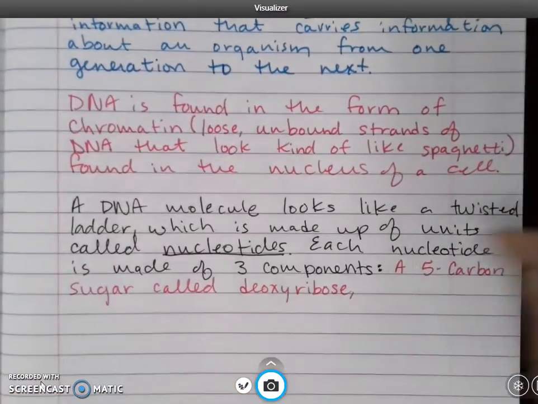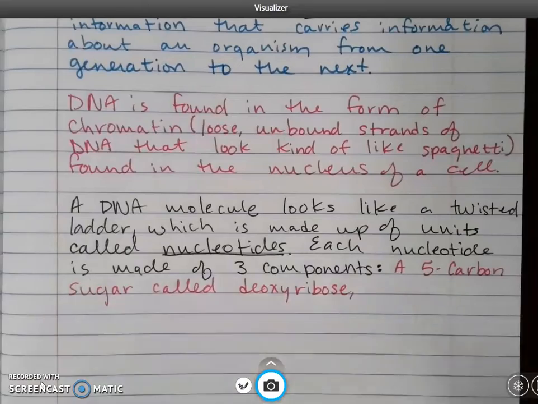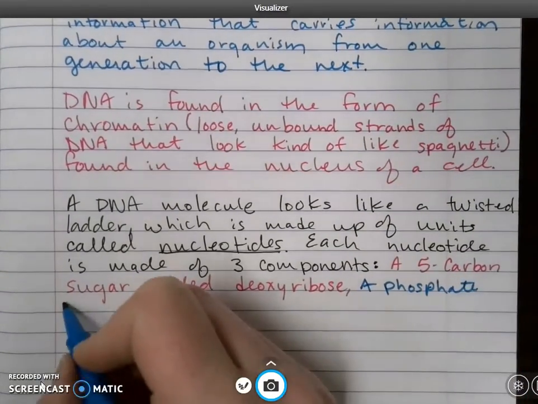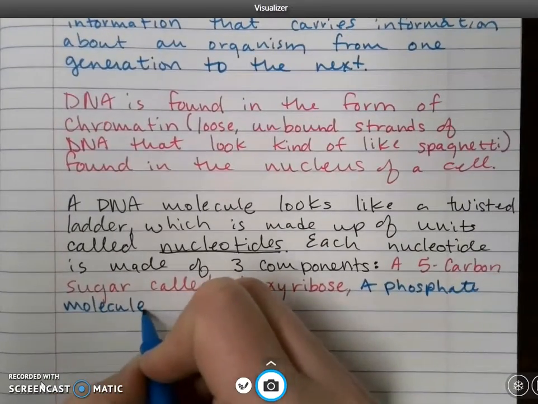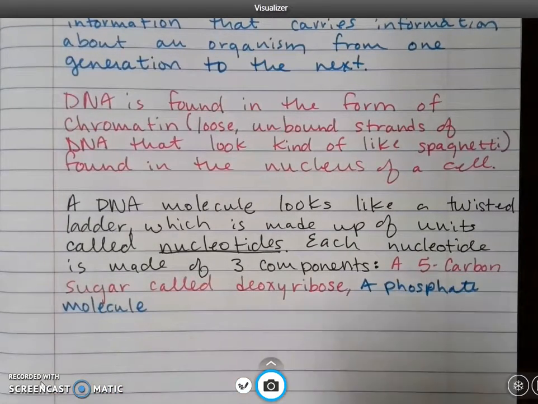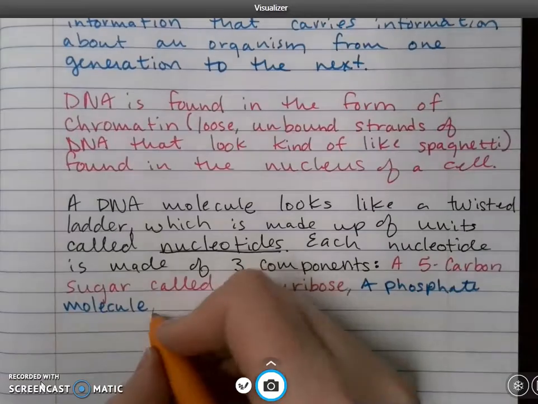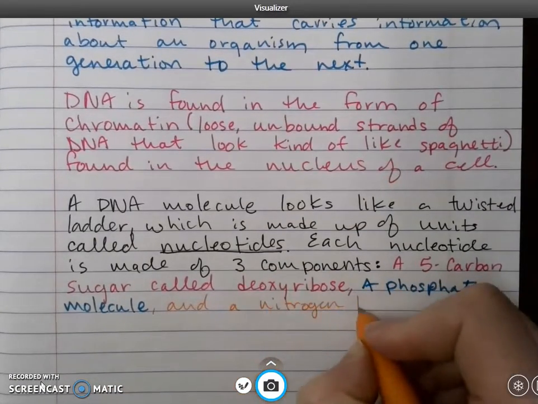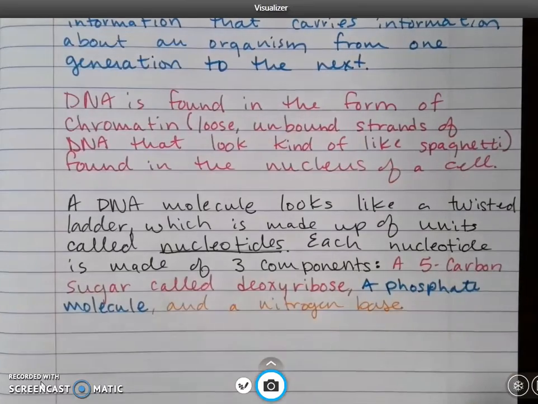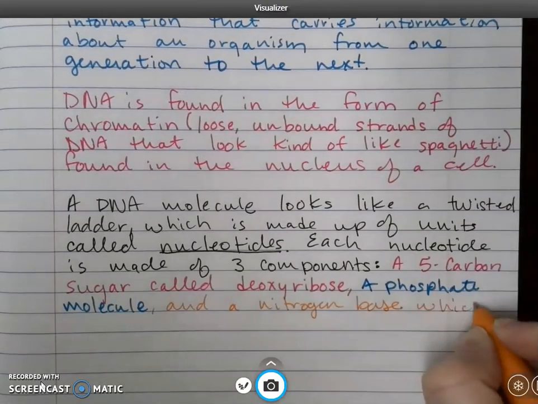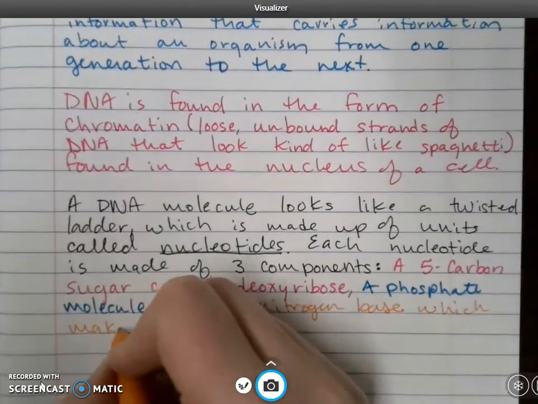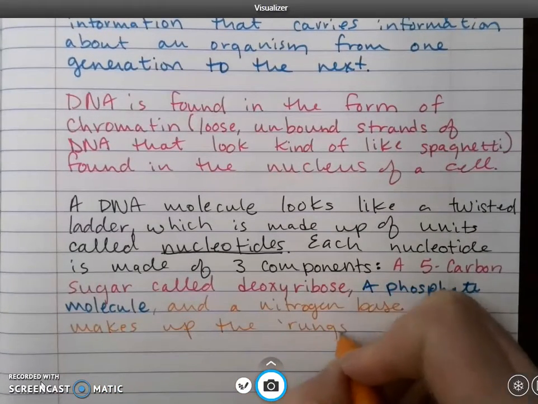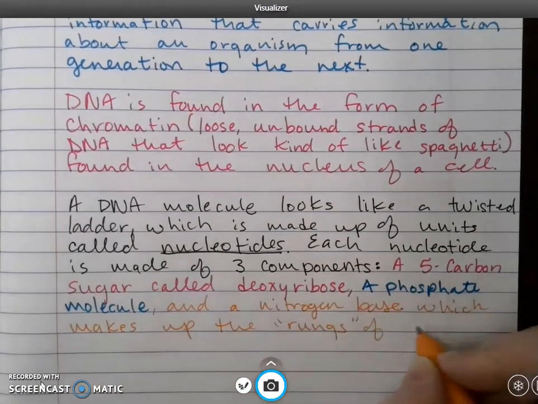Then there is a phosphate molecule, and a nitrogen base, which makes up the rungs of the ladder.